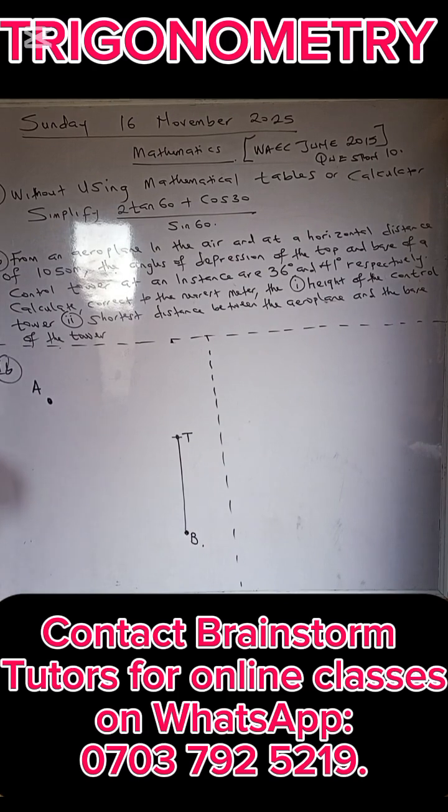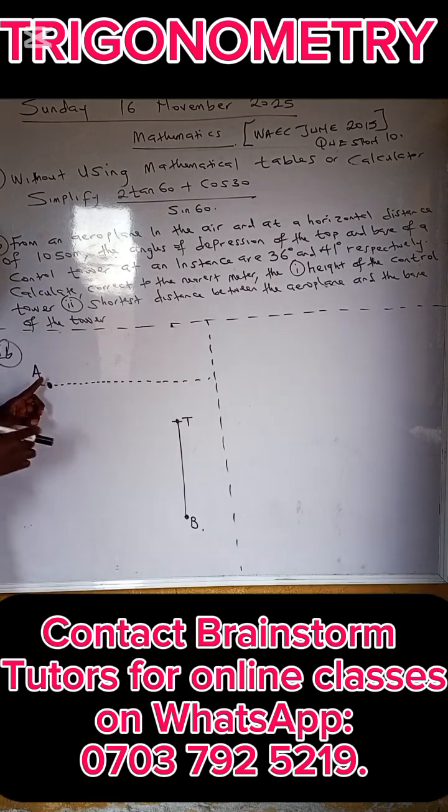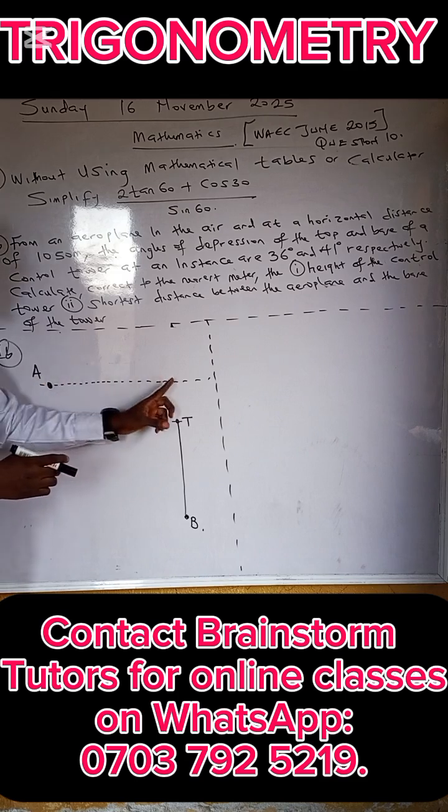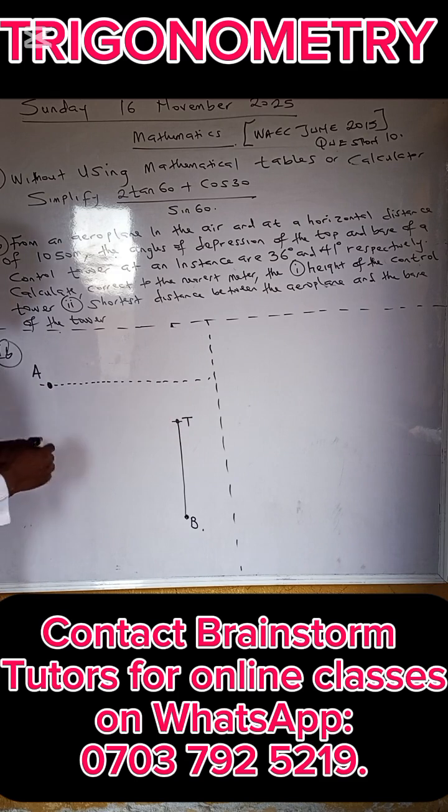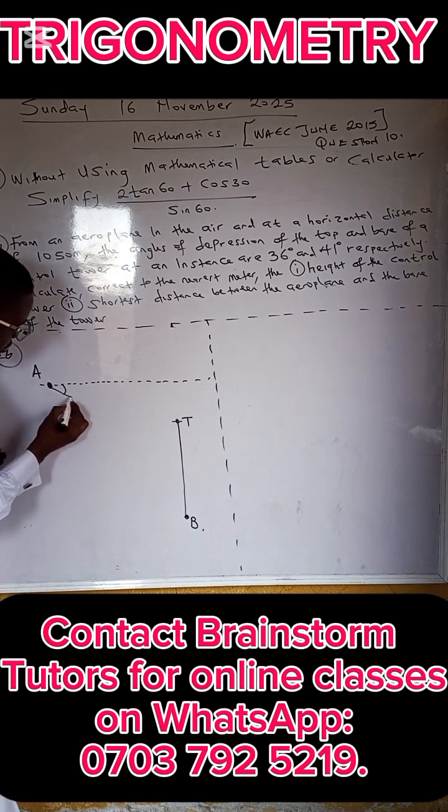So now, this is the position of the aeroplane. And we all know that the angle of depression is the angle made by the line of sight moving from this horizontal level to this end.